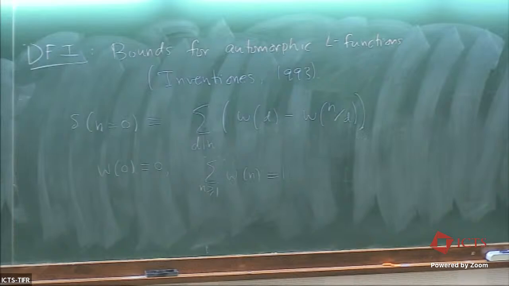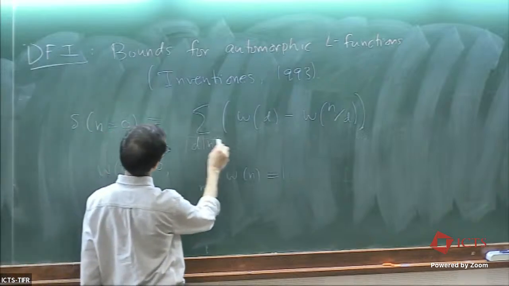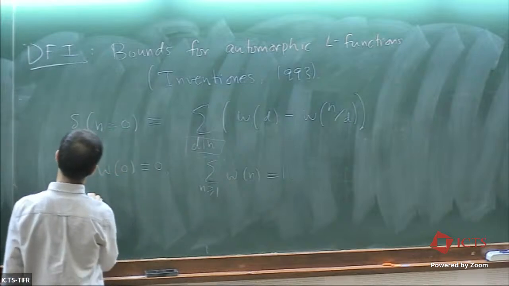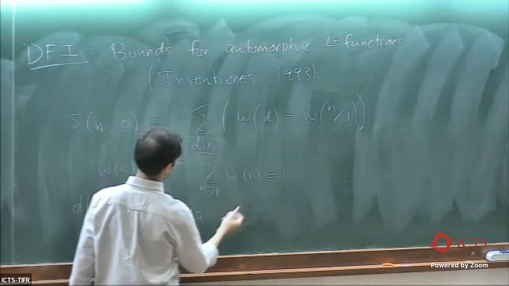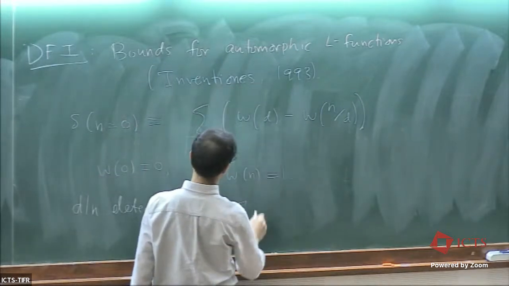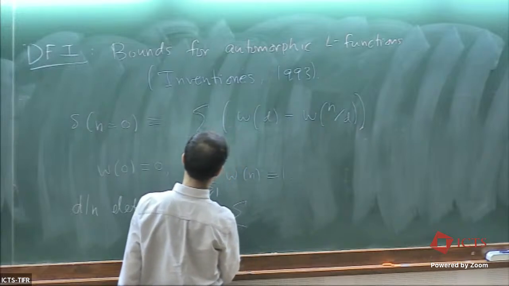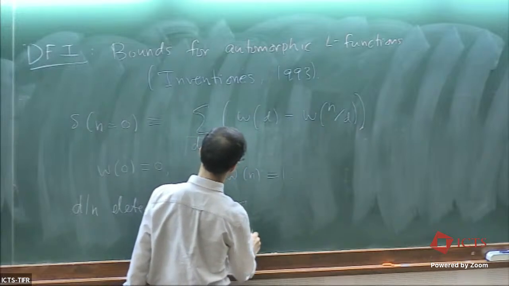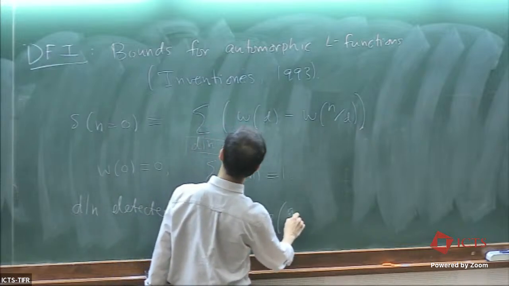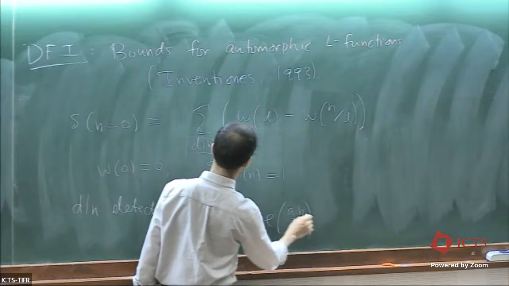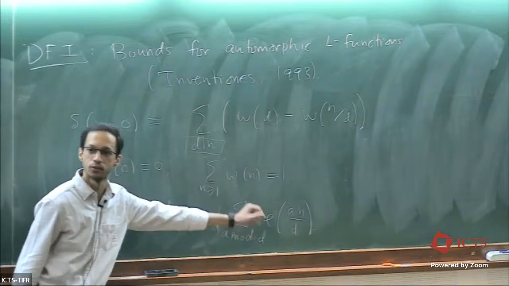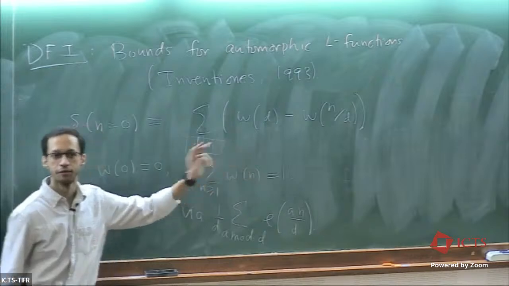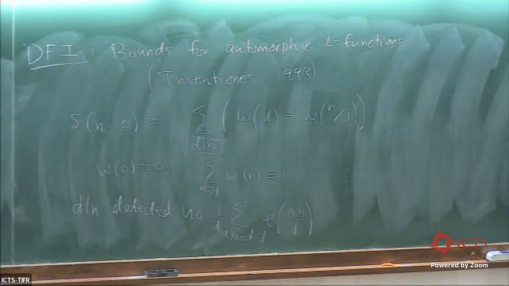And then you would go ahead and detect this condition, d divides n, via orthogonality of characters. So you have 1 over d, sum over a modulo d, of e(an/d). Right? So if d divides n, you get 1. If d does not divide n, you get 0. This is exactly where the additive characters are coming from inside the DFI delta symbol.